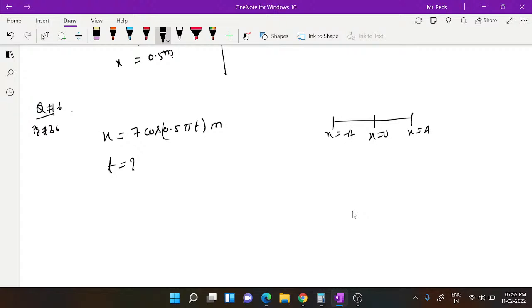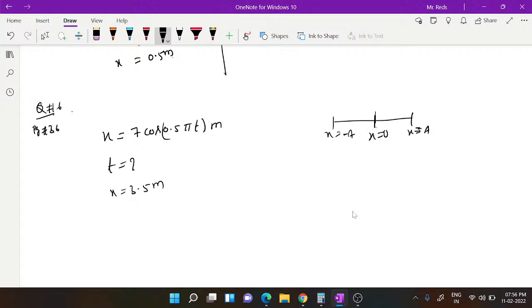Time taken to move from mean position to x is equal to 3.5 meter. So after what time will it be here is the question.